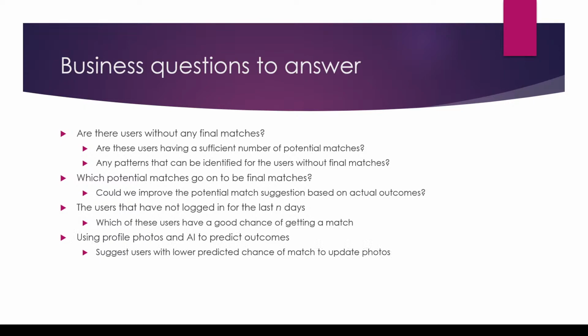They could also ask about the photos, building an AI algorithm to predict based on the photos how soon they'll get a match, or whether they will get a match, or whether they will match better with somebody else. So using the photos to suggest AI.